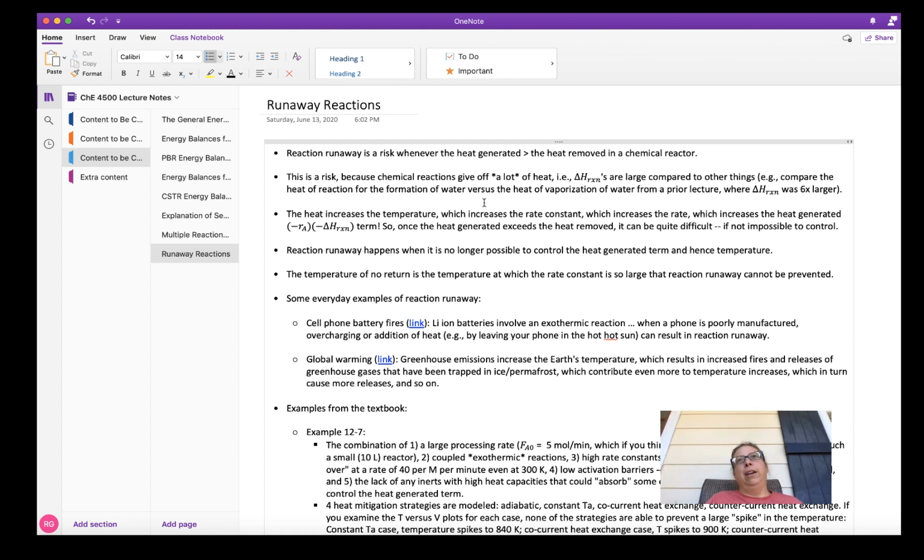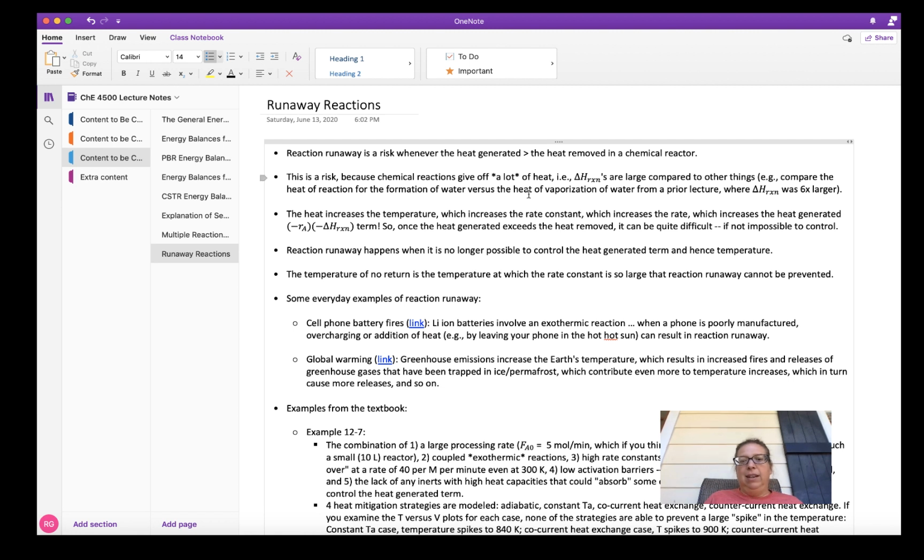For example, if I condense water vapor into liquid water, the heat given off in that process is a lot smaller than the heat that is given off in a reaction. So there's a lot of potential energy stored in the chemical bonds of chemical species. So when we break and form chemical bonds, there's a lot of heat involved.